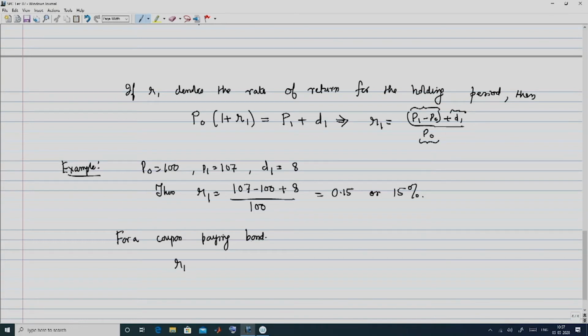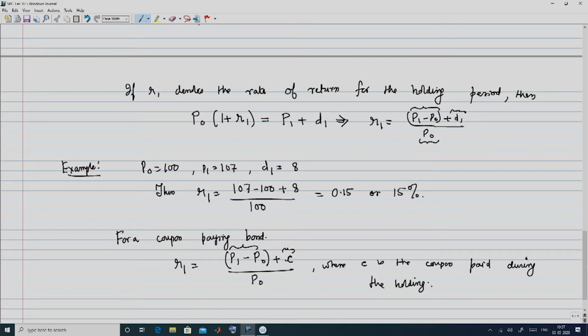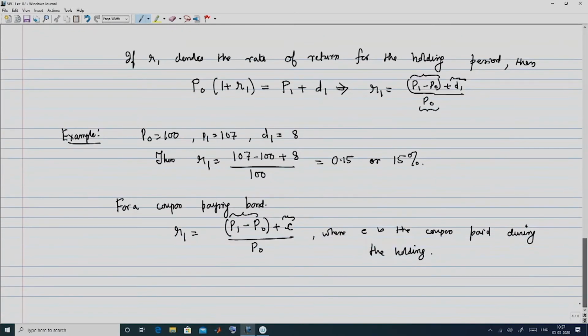Again the same thing: suppose that you purchase the bond for an amount of P naught, at the end of 1 year you sell it for P1, and in the intervening period you receive a coupon of C. Then your gain is going to be P1 minus P naught plus C, divided by the original P naught, where C is the coupon paid during the holding period. So, we have given the basic definition for return in case of a stock and a bond for a single holding period.